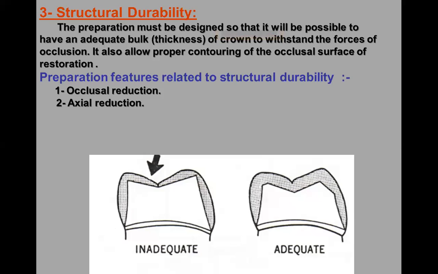If we do not do a good amount of preparation, or do an inadequate amount of preparation, what will happen? The restoration will be thin, and this thin restoration will lead to a weak restoration, and we cannot do the proper anatomical features in it. So doing a good amount of reduction leads to good, adequate durability, or good strength, of the restoration.